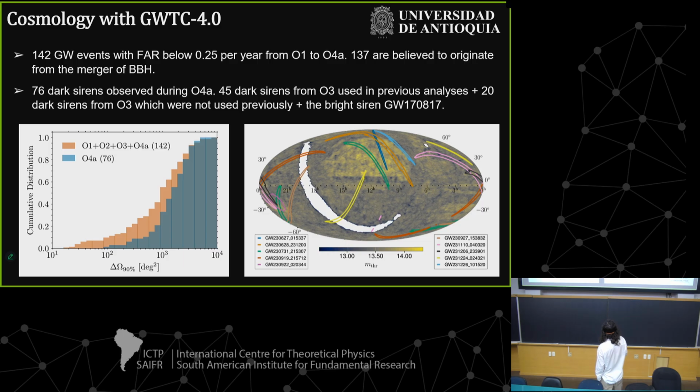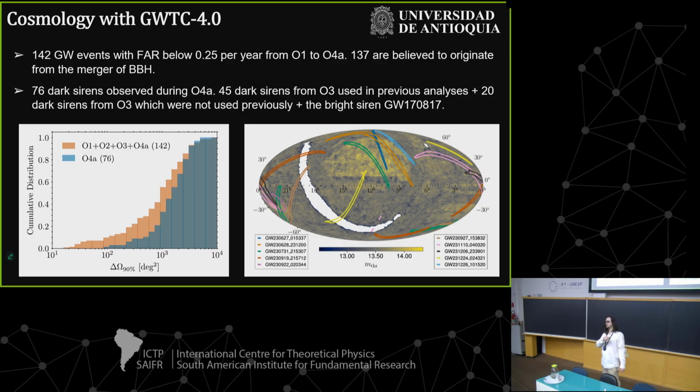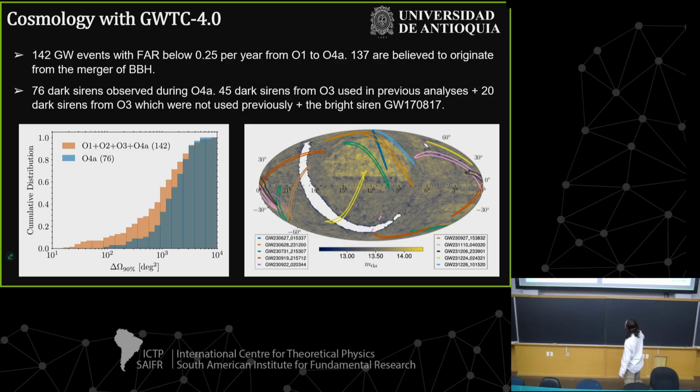So 142 is made out of 76 from O4A plus 45 from O3. That makes 121. Plus another 20 from O3 that were not used in the previous analysis, because the SNR cut was applied in that case. And these other bright sirens. So this sums to 142.